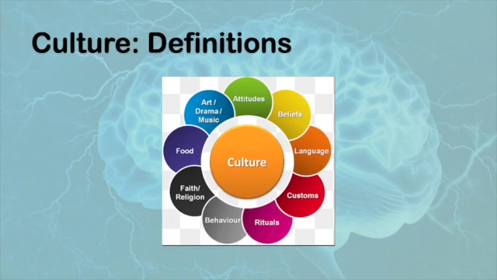A good answer would be, it's that complex whole which includes knowledge, belief, art, morals, law, customs, and any other capabilities and habits acquired as a member of a society. Another good answer might be, it's how we do and think about things, transmitted by non-genetic means.